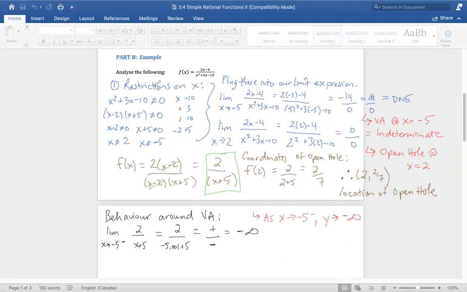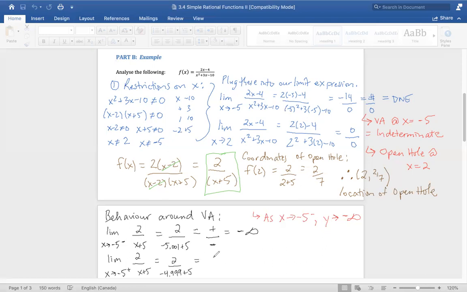And let's do the approaching from the right, and that's about all the room I have here. The limit as x is approaching -5, again, from the right-hand side. So just to the right of -5, we could use -4.99, -4.999, and we have to write out what our expression is here, 2 over -4.999, I have 3 nines on my page, plus 5.